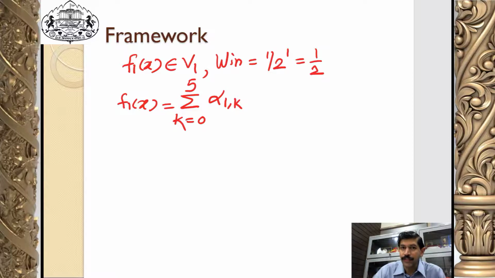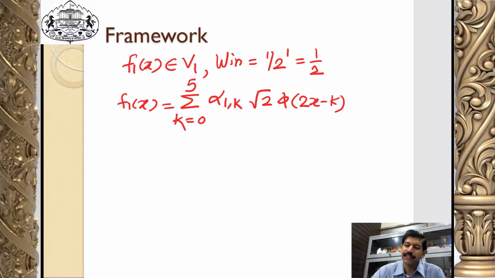J is 1, that is 2 raised to half. In other words, square root of 2 into phi of 2 to the power j, j is 1, that means 2, and 2 times of x minus k. So this will be the formula for f1 of x.